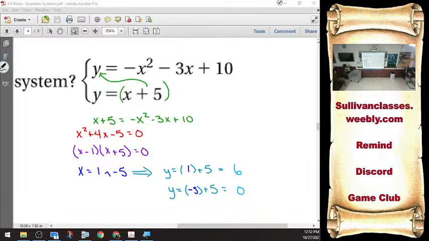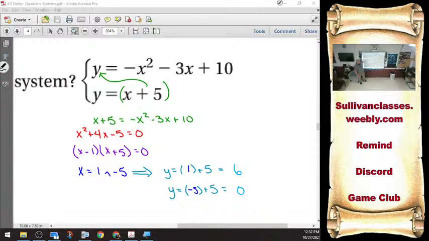Step 1. Replace y with junk. Get everything to one side. Combine like terms. Factor. Set each equal to 0 and solve for x. Once you got x, go find out y.